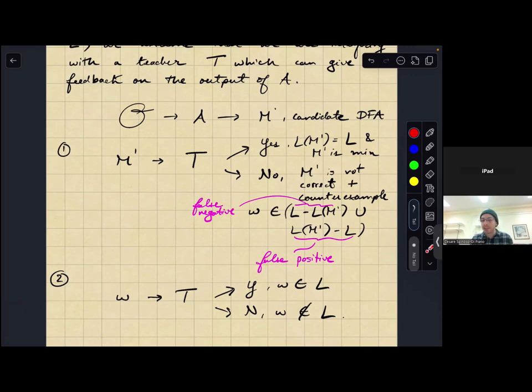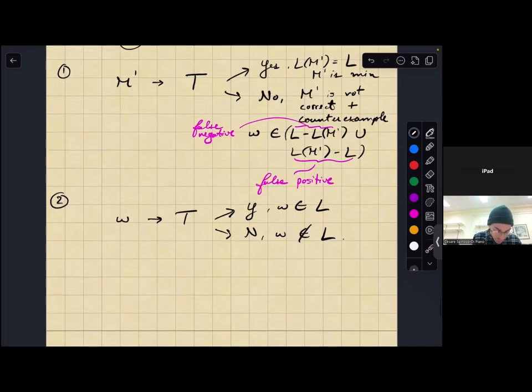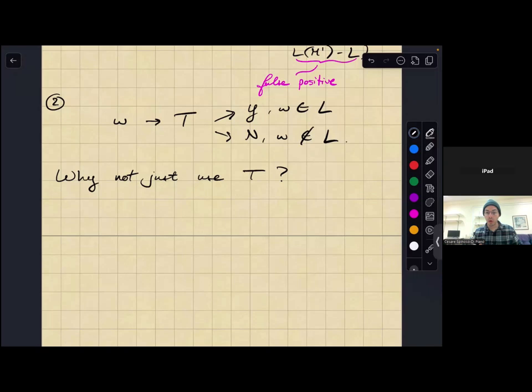Well, then it just sounds like we do have the minimal DFA, it just sounds like it's T, right? So the question that comes up is: why not T? Why can't you just use T?